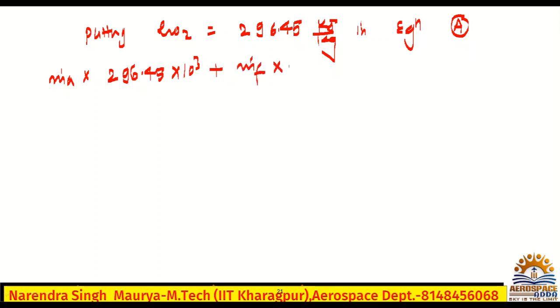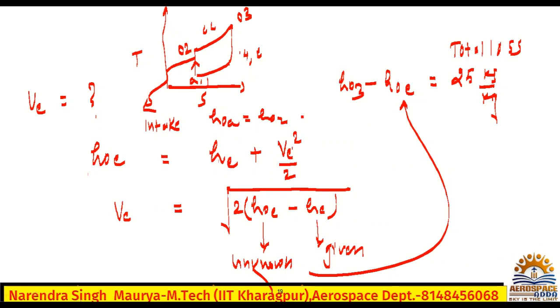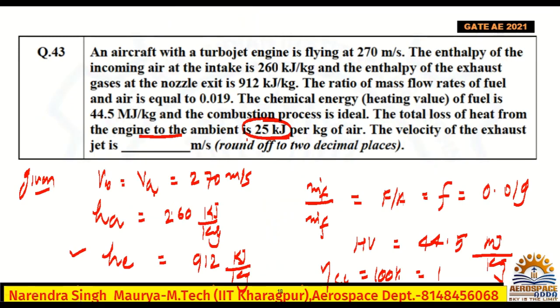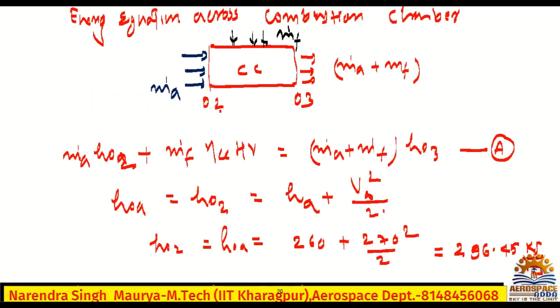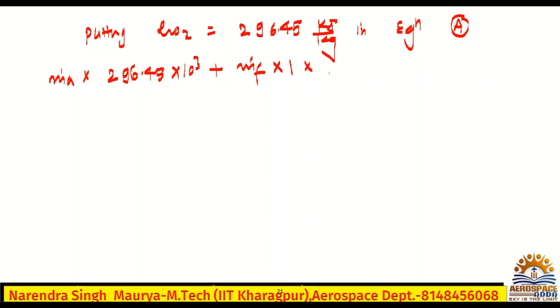Eta Cc is given 100%, so 1. And heat value I think they have given. How much they have given heat value? Heat value is 44.5 megajoule, hence 10 to power 6, is equal to M dot A plus M dot F into H naught 3.